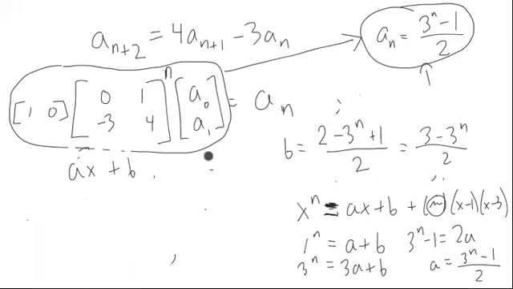So a times the matrix, where a is 3 to the n minus 1 over 2, and you multiply it into this matrix, we're going to have a 0 there, and then that's going to be -3 times that value, and then a 4 times that value.